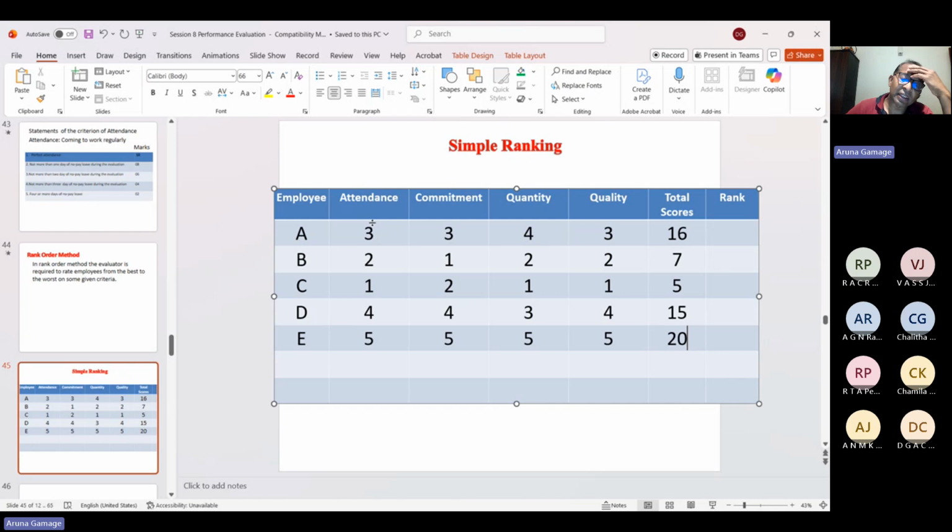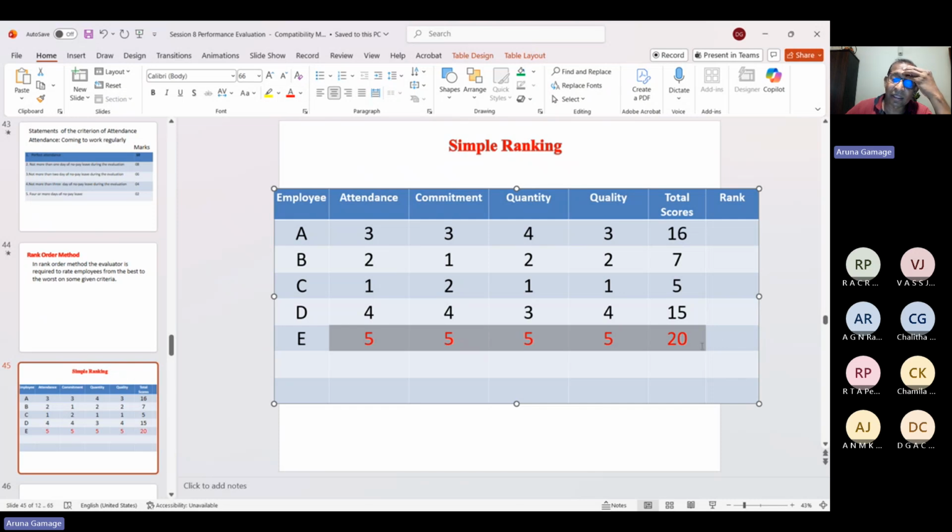In terms of attendance he occupies fifth place, not first place, the last one. In terms of commitment, also last. Quantity also last. Quality also last. So that employee has scored 20, the highest marks.